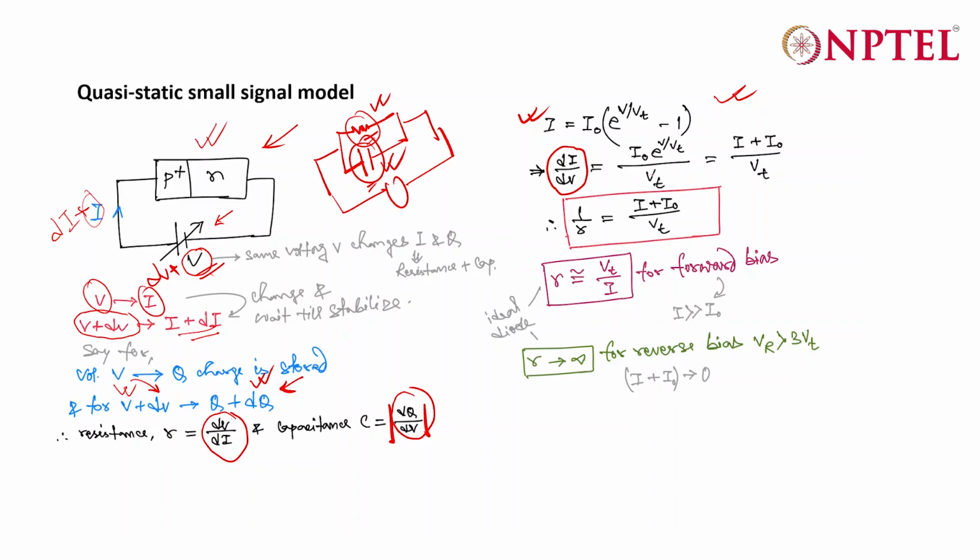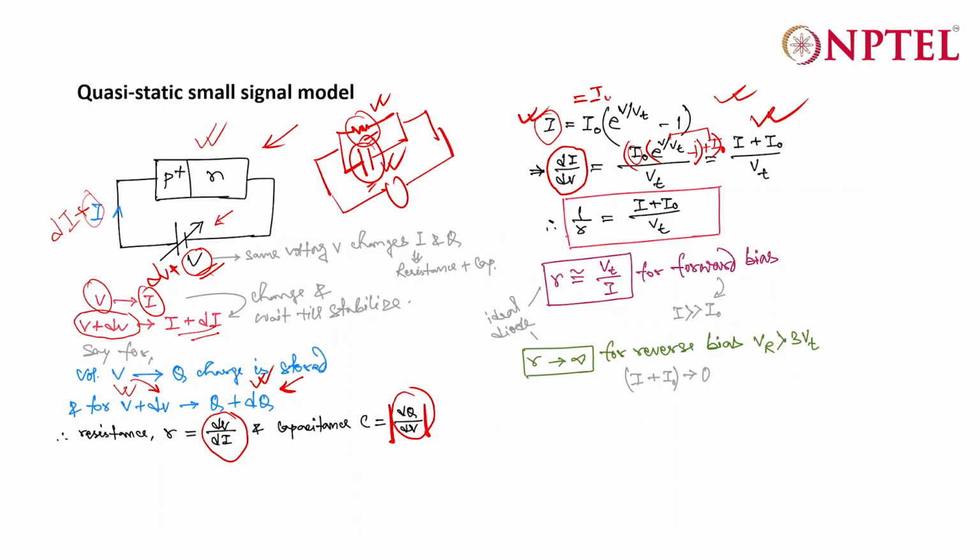This can also be written as I plus I0, because with this minus 1, if you add and subtract 1, the term leads to the equation I, and then you have another I0 when you multiply I0 with this expression. So you will have the I plus I0 term.